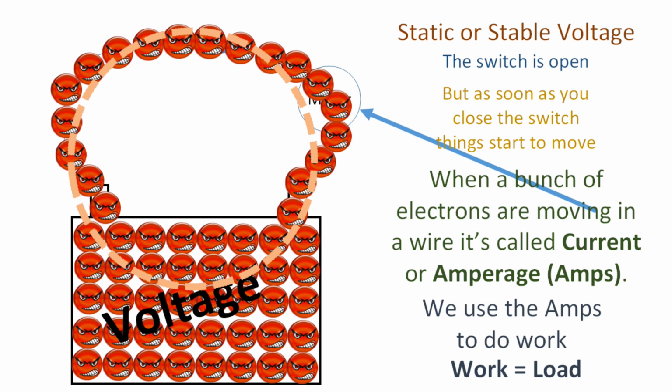Remember the motor? Without anything in that motor to slow down our movement here, it's going to go really, really fast and probably blow the fuse. So we need something to slow it down, and that is resistance.